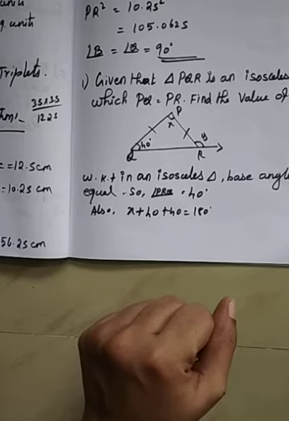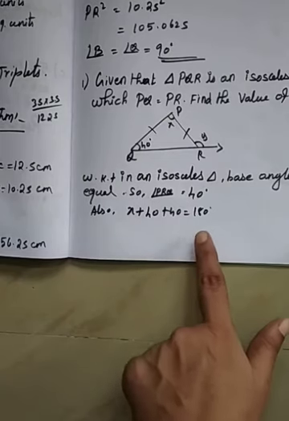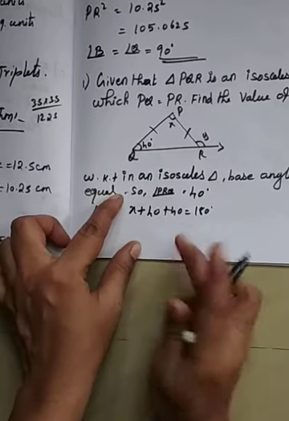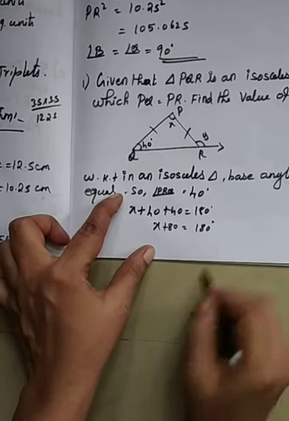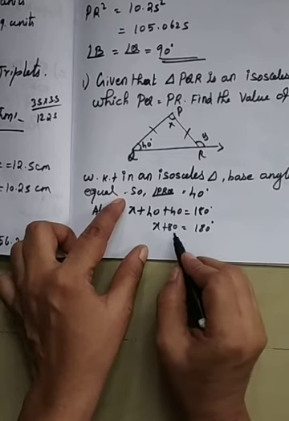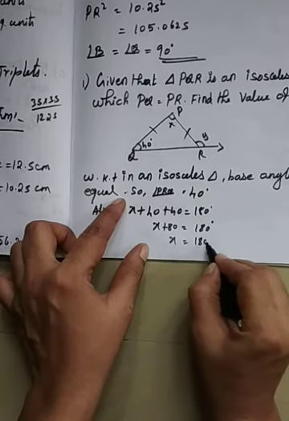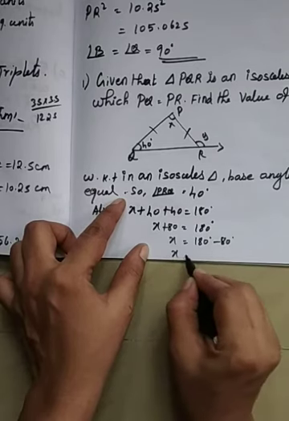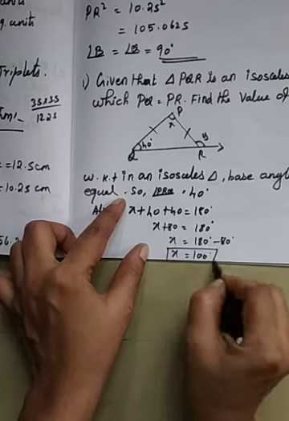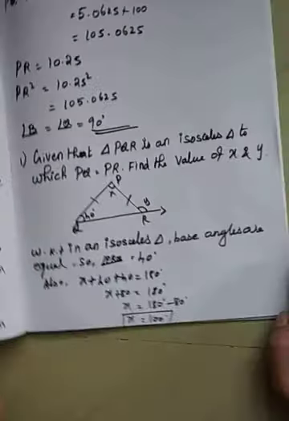If you add the interior angles, you will get 180 degrees. So x plus 40 plus 40, here you will get x plus 80 equals 180 degrees. By transposing 80 degrees from the left hand side to the right hand side, it becomes minus 80 degrees. What is 180 minus 80? 100. So x is equal to 100 degrees. You can find the x value for this problem.